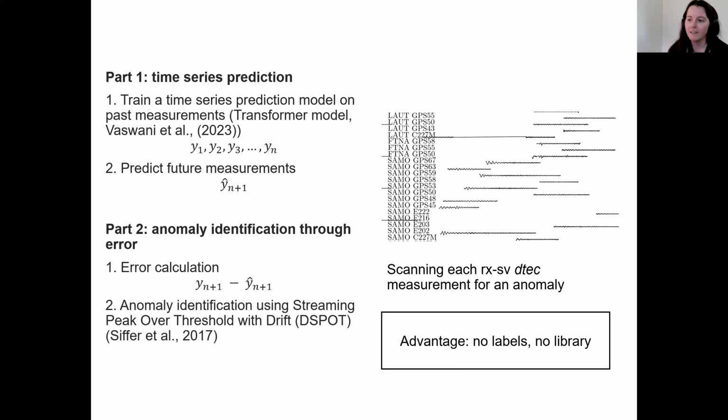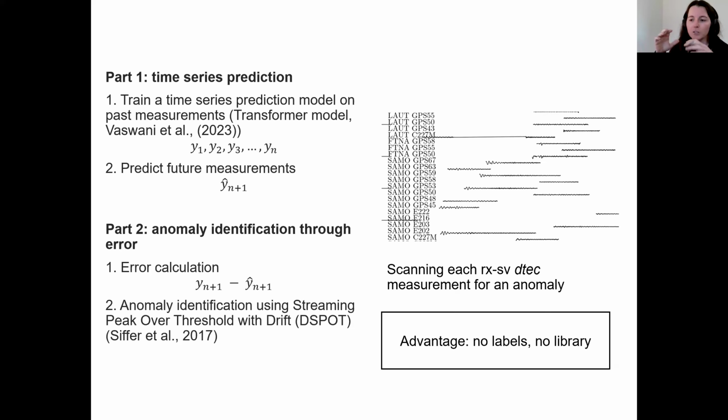We judge that using an algorithm developed in 2017 called streaming peak over threshold with drift, or DSPOT. It's a somewhat statistically based algorithm that looks at the distribution of errors in the past, maybe the past 5 minutes, and determines what the threshold is for this time.